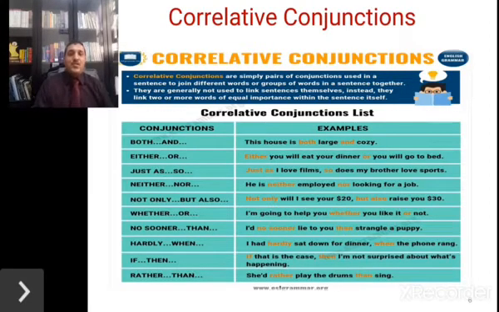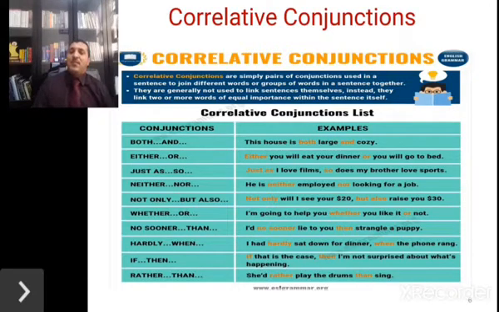They are used to connect one sentence or 2 sentences or 2 words, 3 words, or groups of sentences all together and to complete each other. So one conjunction can complete the other. They are pairs, so they can only be used together, not separately, to have a meaningful statement.